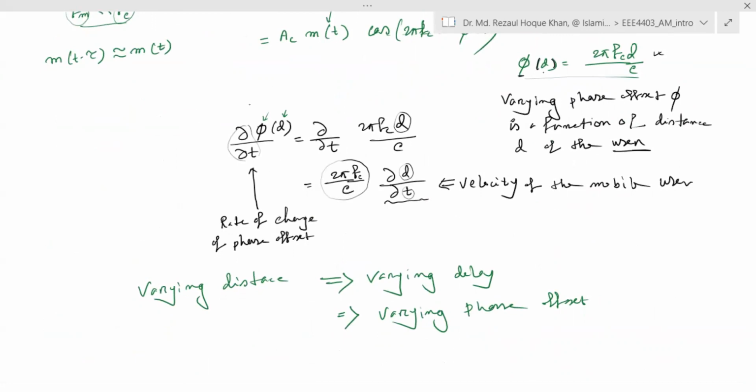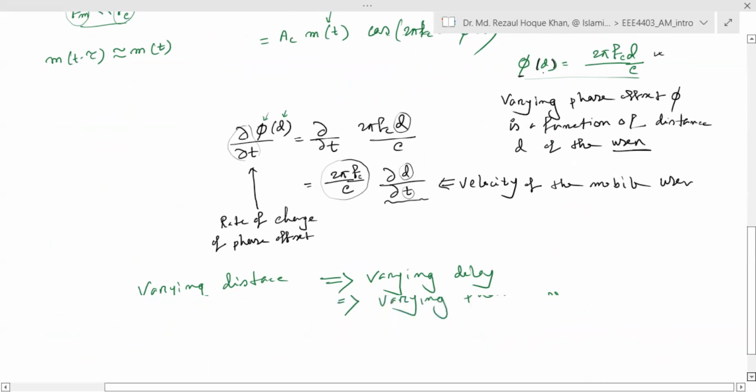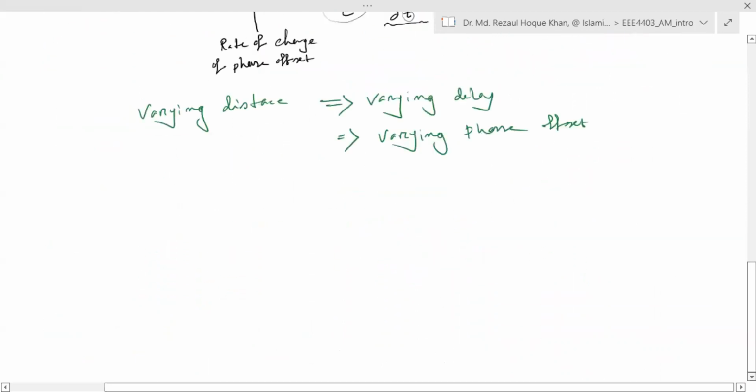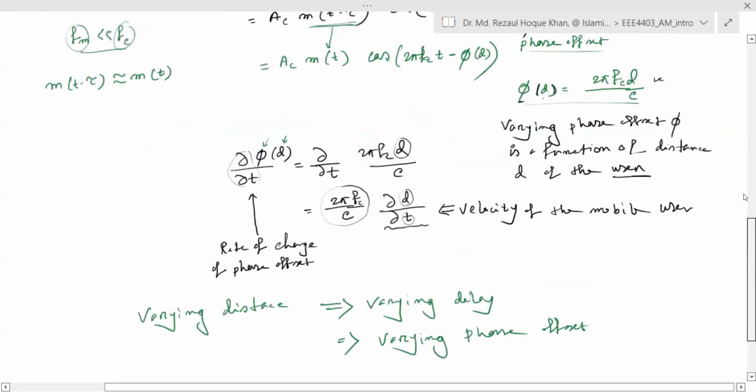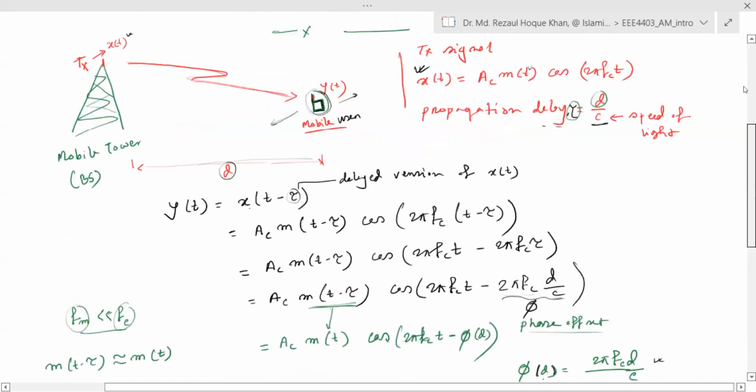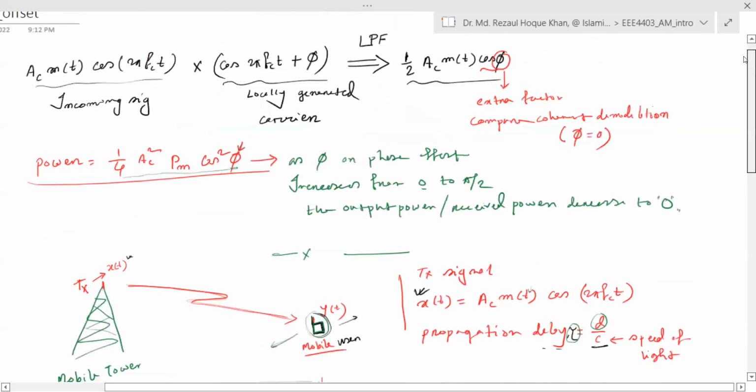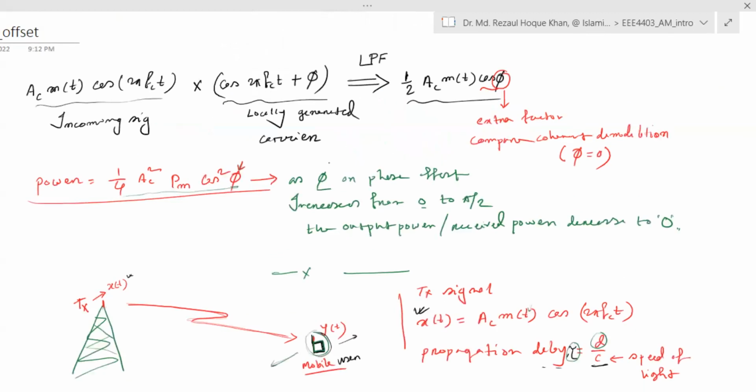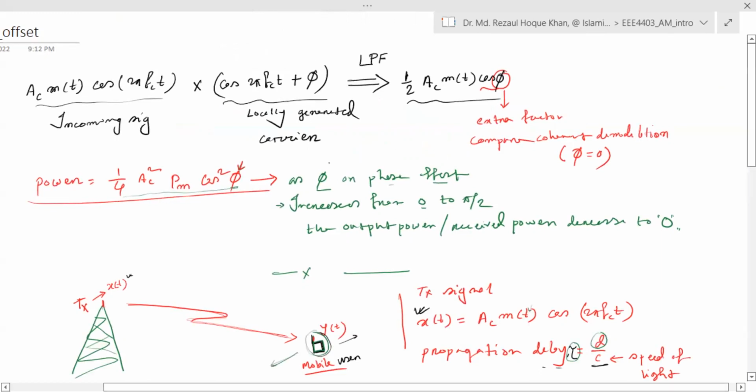Now, to avoid the performance degradation, as we have seen in our previous discussion, as the phase offset phi increases, it will ultimately affect our received power.